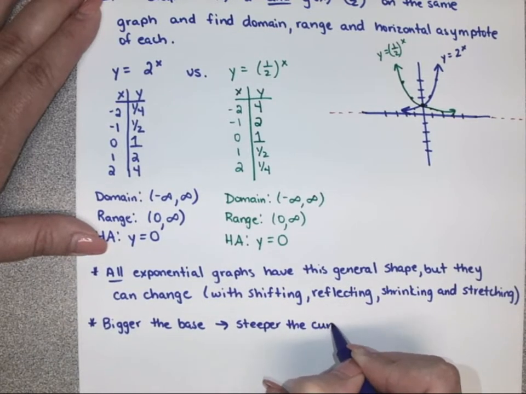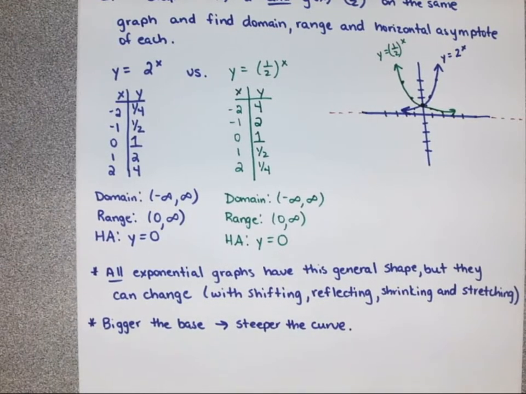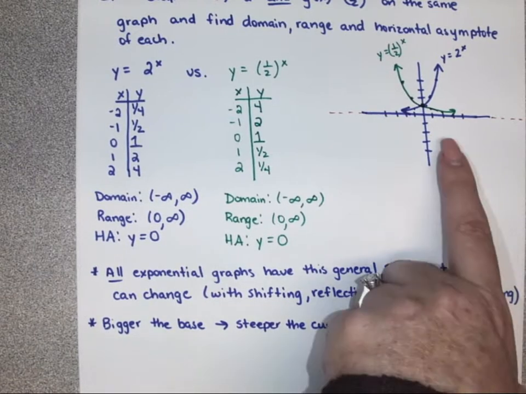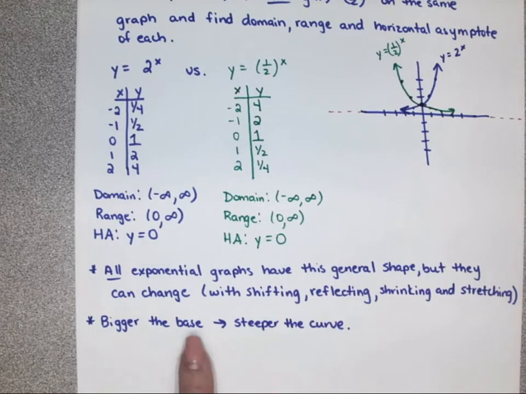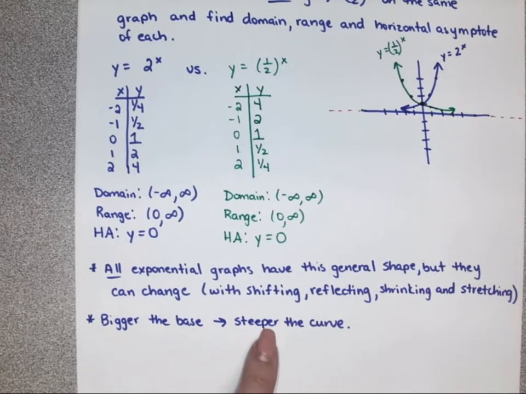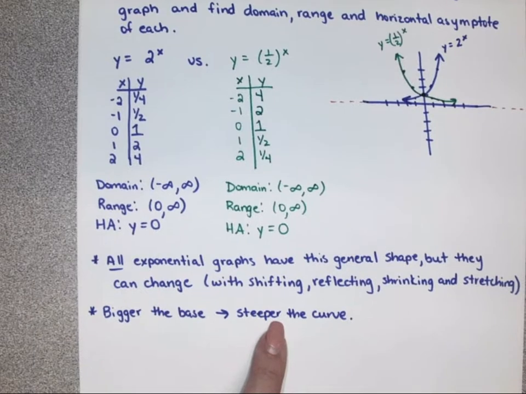So in other words, if I asked you to visualize what 5 to the x power would look like, it would look pretty close to this blue graph up here, but what? Because 5 is bigger than 2, what would happen to the curve? It would be steeper, right? Because think about why that is, right? We'd be doing powers of 5 instead of powers of 2, so the numbers would get larger quicker.